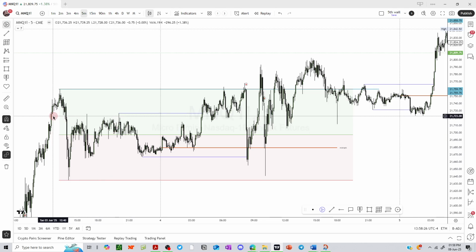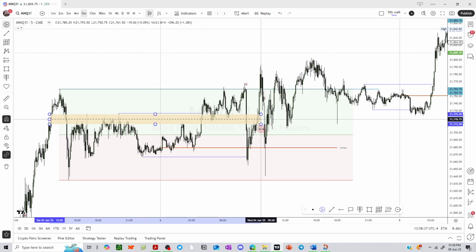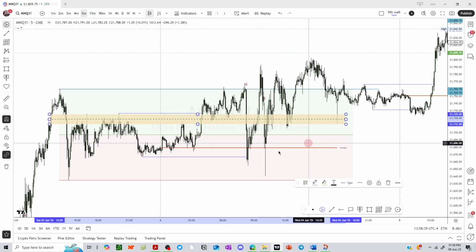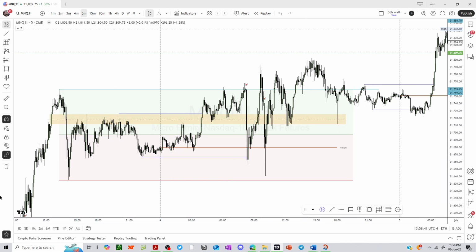So you see this inverted fair value gap here. You got a 1, 2, 3 drives pattern, taking out liquidity.